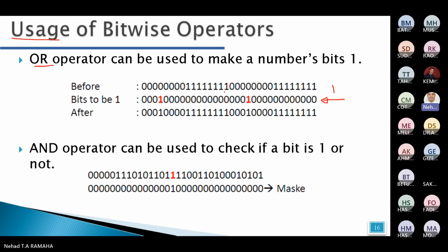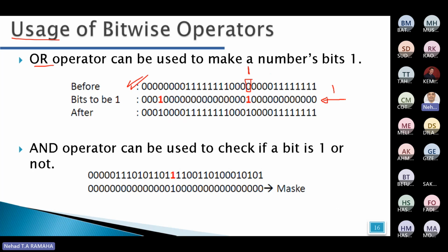So if you have this number and you want to be sure that this digit is 1. In some cases we need it, for example, to be sure about a specific digit in the input, we need to be sure that it's 1. How to do it?